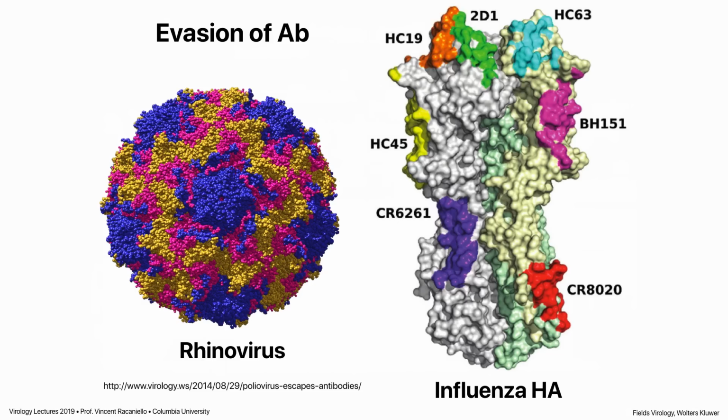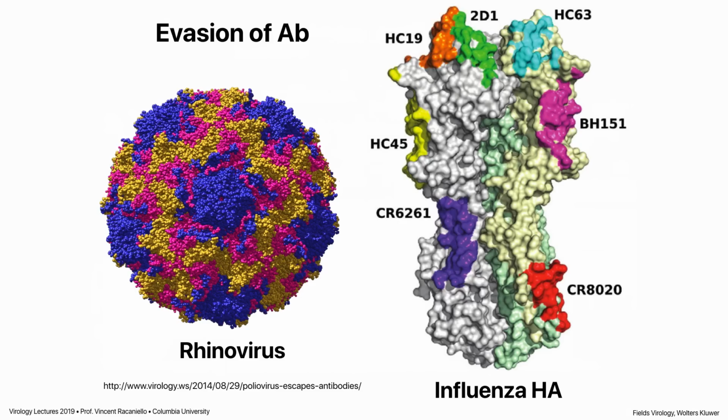This is a virus we'll come back to several times. It undergoes antigenic variation of its glycoprotein. So there aren't 150 different types of influenza viruses, but there are a few types that vary tremendously in their protein sequences. So what we're showing here is the hemagglutinin of influenza virus. And remember, that's a viral glycoprotein.